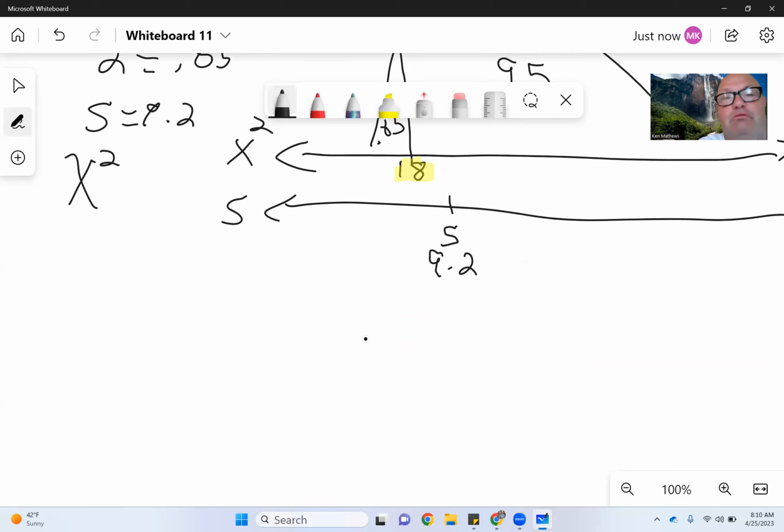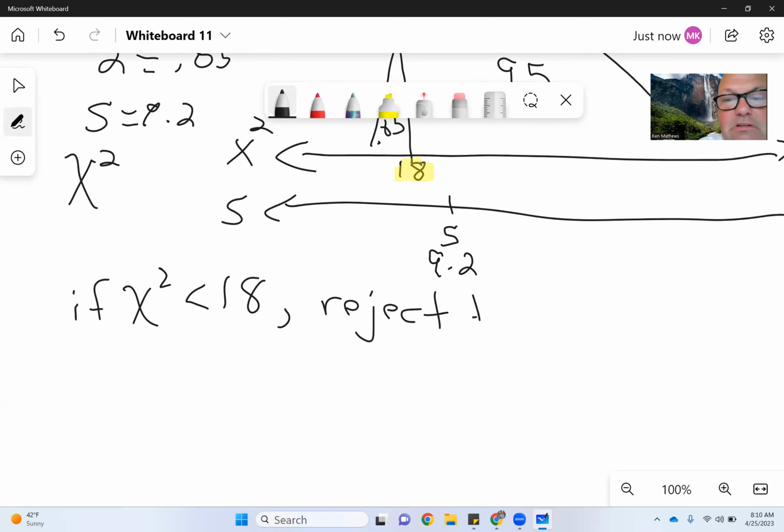So the parameters are: if chi-square is less than 18, then we reject the null hypothesis. If our chi-square is greater than 18, we fail to reject.